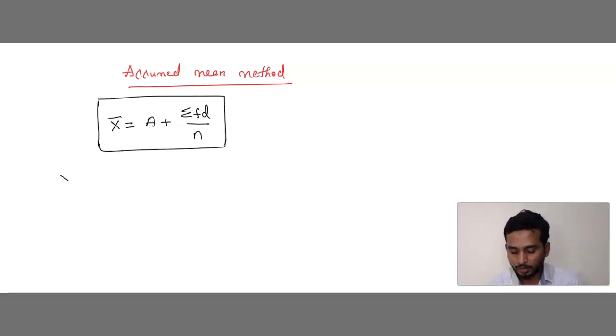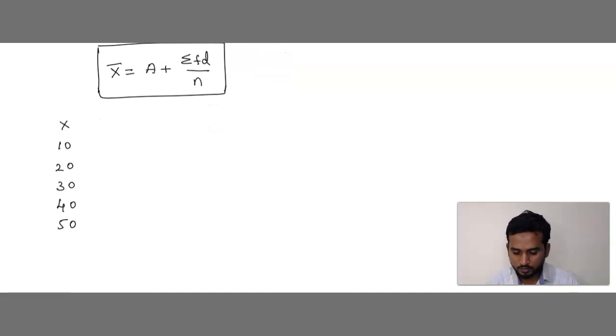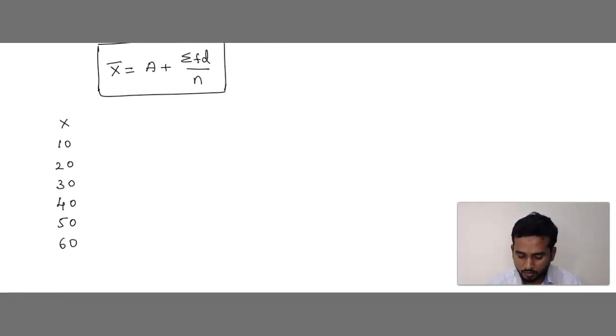Now make the table. The values of x are 10, 20, 30, 40, 50 and then 60, right?